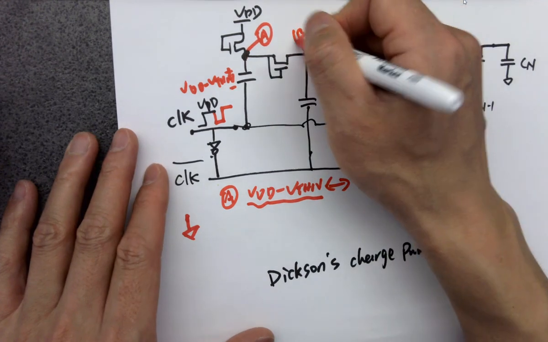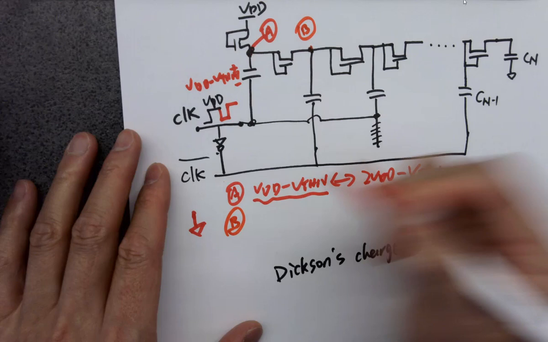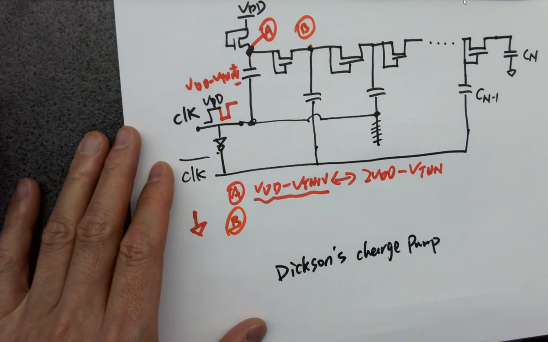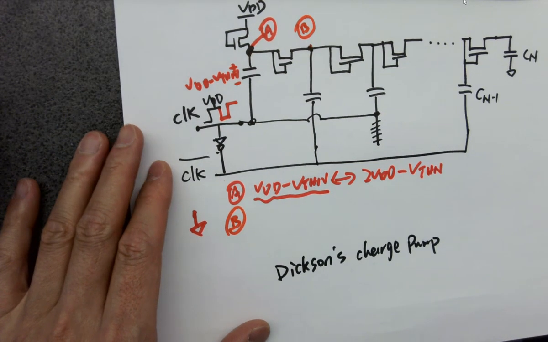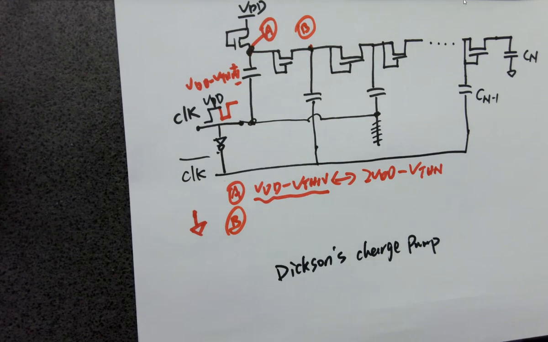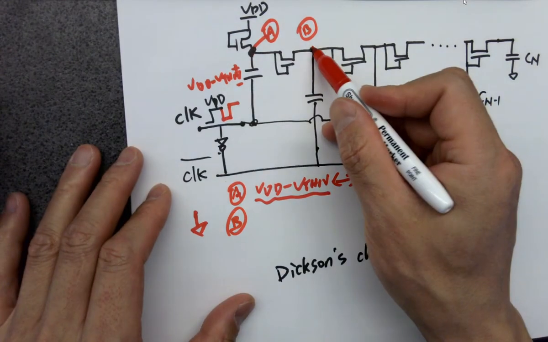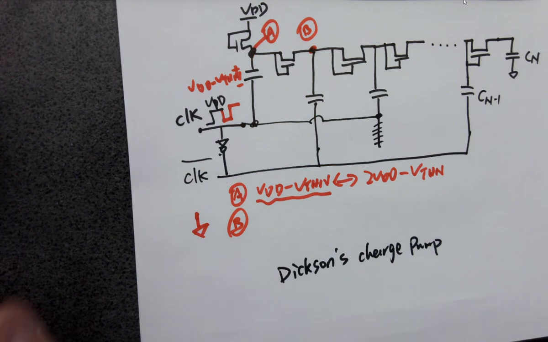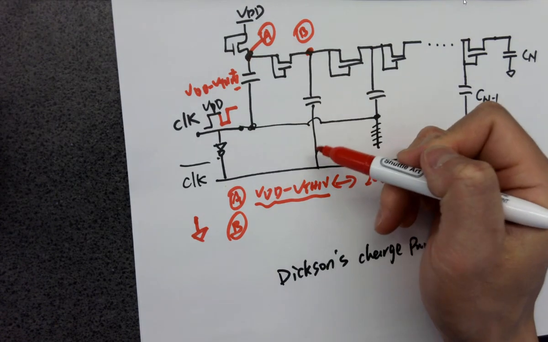So B is getting what? What is this pushing doing to this point? Let's use superposition. Don't worry about this source for now.